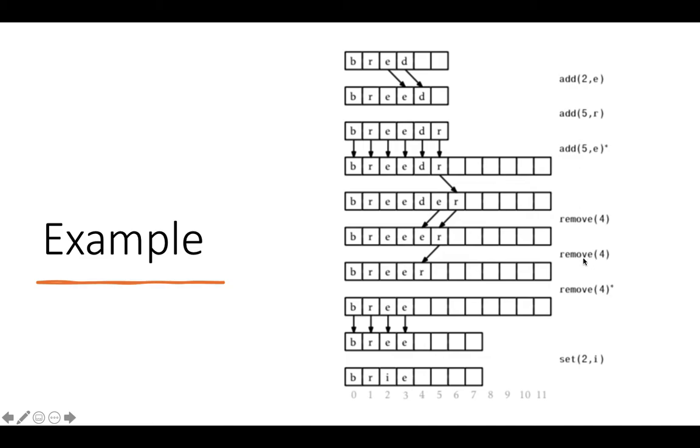If you remove at 4 again, you will remove this E and you shift back R. If you remove at 4, then you remove R. Then you have a situation where you have 4 elements in an array of size 12. In this case you need to shrink. So you will create a new array with size 8, half the size, because you don't need this much size anymore, and you copy the elements. If I set 2 i, you will set the element at position 2 to be i.